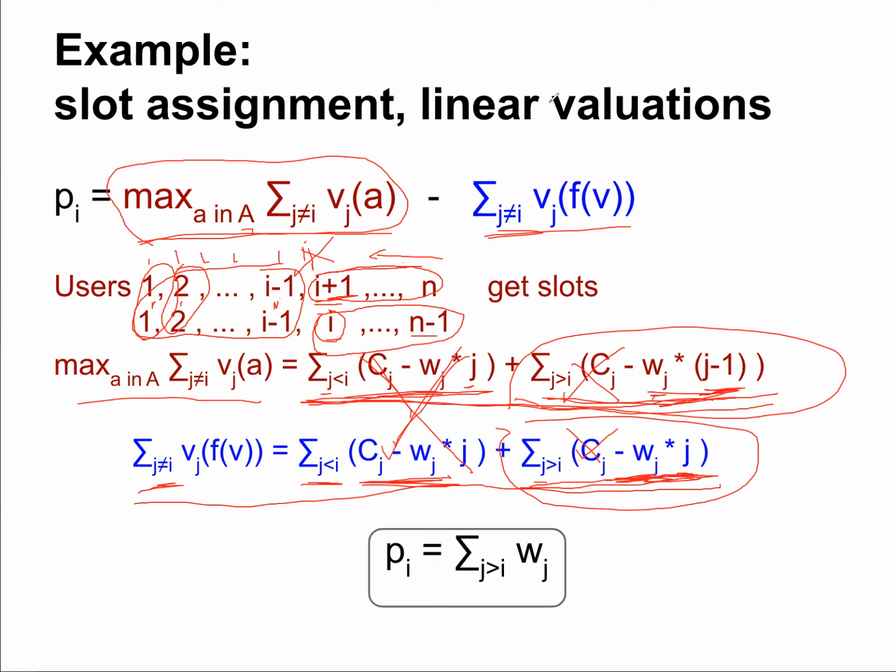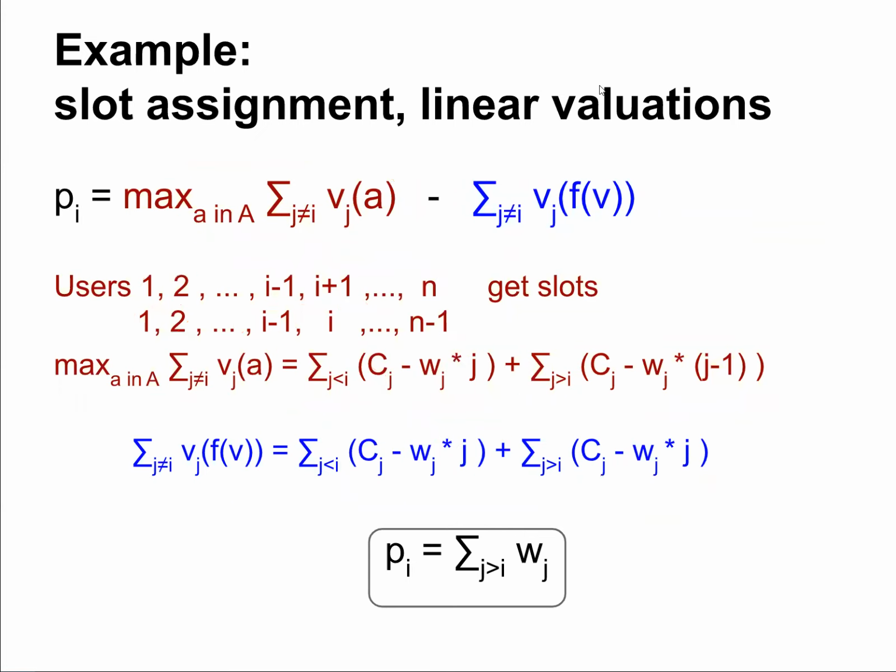So when we subtract one from the other, I'll clear the drawings. When we subtract this from this, and remember each of these comes with a minus, you'll see that what remains is the sum of WJs for all the users after I. So this is the price that user I has to pay.